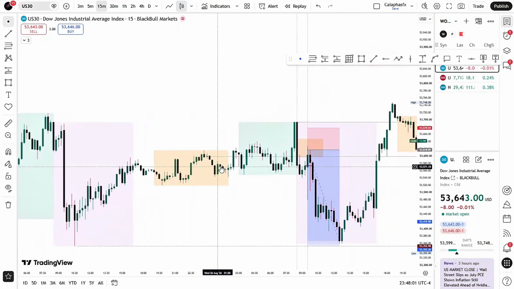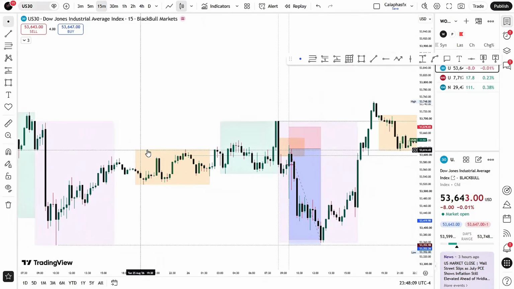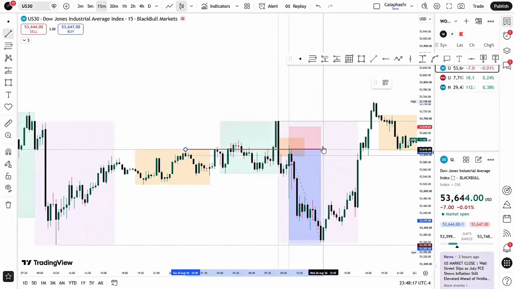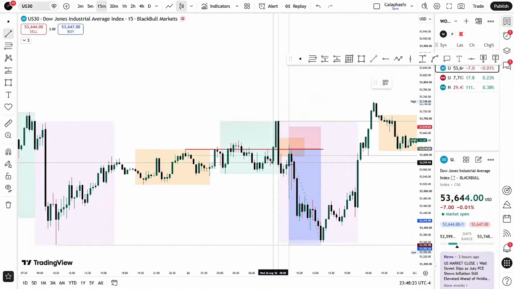So we had accumulation and then we had the manipulation. And you want to understand that. Let me mark the high. So this is the high, and then price closed inside, and then we had the CSD right here.